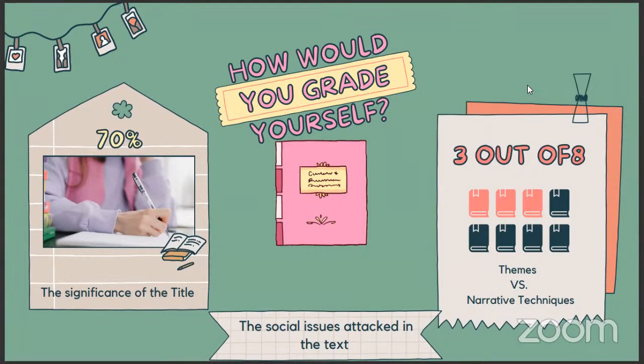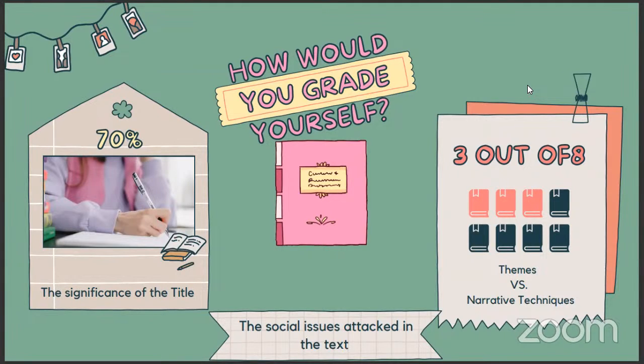Now, here are 3 other points that you can use to help you. The significance of the title. Why is the title, right? This can be used as a point in your essay, but if you understand why the author chose this title, it can probably propel you in getting a better grade, right?